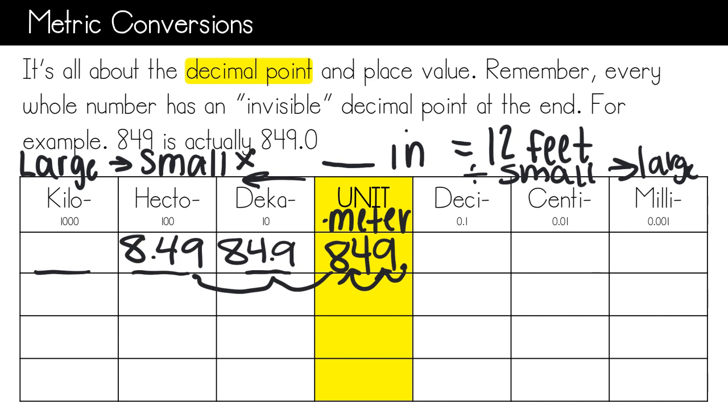Now let's say I want to figure out, if I have 849 meters, how many kilometers that would be. To go from here, we're going 1 place, 2 places, 3 places. So I'm going to move my decimal 3 places to the left. 1, 2, 3.